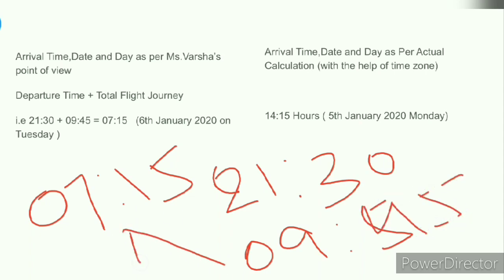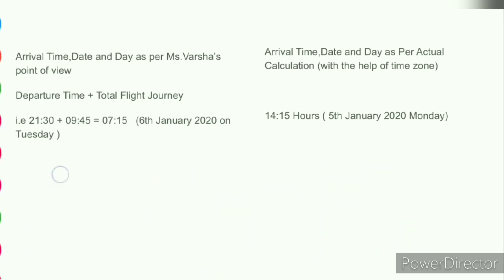She got 7 hours 15 minutes, which will be on the next day, that is 6 January 2020 on Tuesday. She is reaching the destination at 7 hours 15 minutes from her point of view.